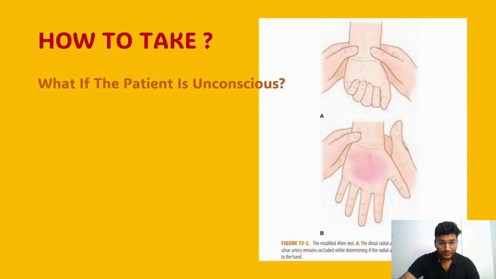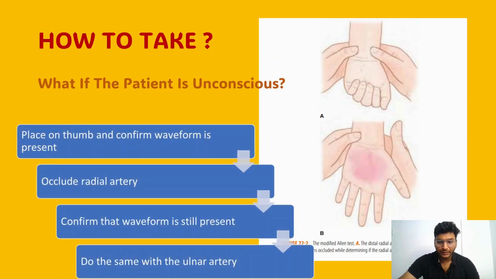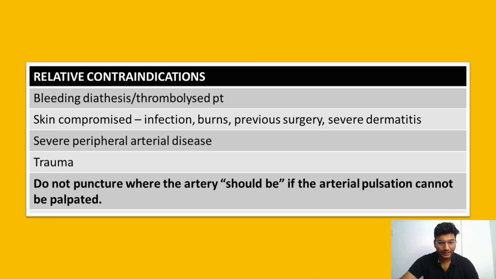In place of Allen's test, you place the pulse oximeter over the thumb of the patient and occlude the radial artery, and you look at whether the waveform is still persisting. You do the same by occluding the ulnar artery. As simple as that, right?